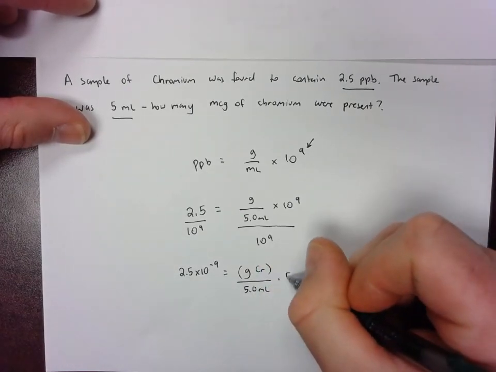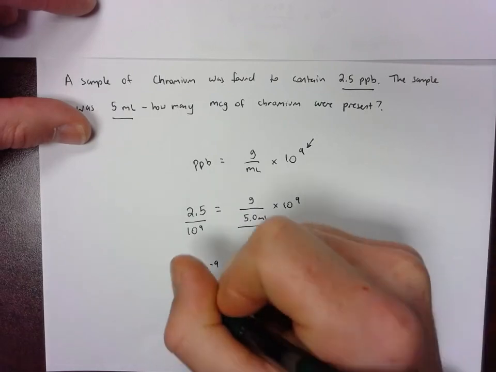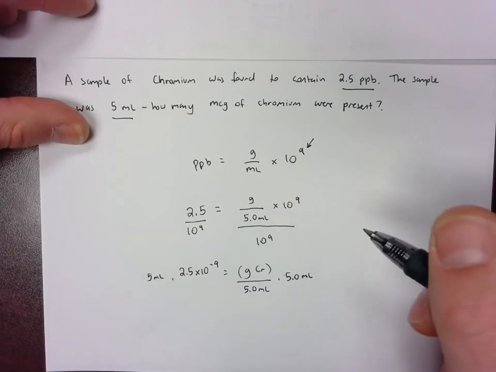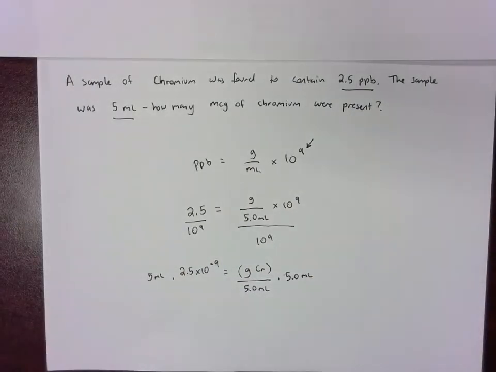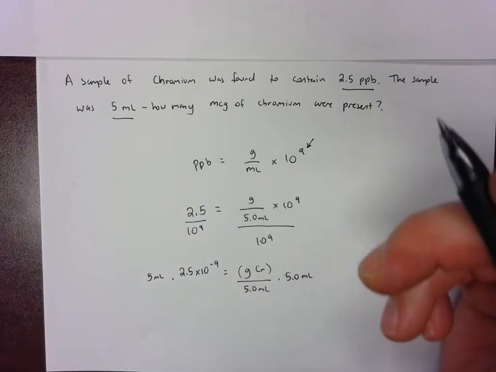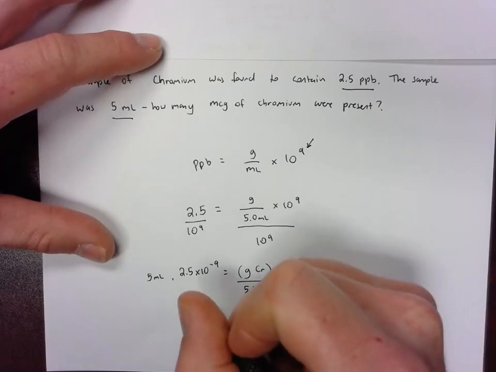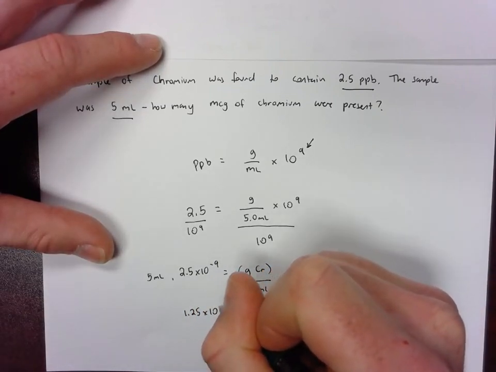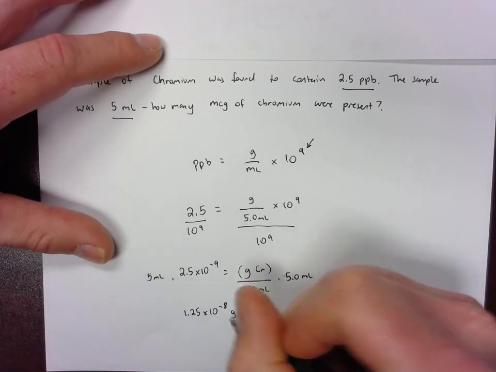And then we're going to multiply by 5 milliliters on both sides. You don't really need the units there, I'm just putting them there to show you. And then you should get 1.25 times 10 to the negative 8 grams.